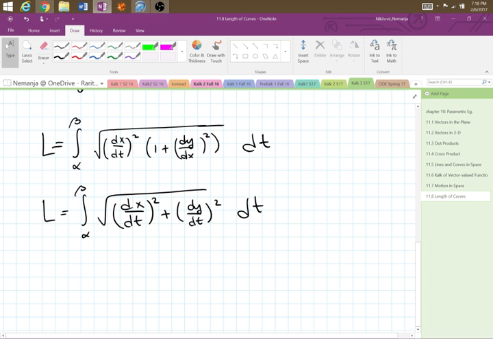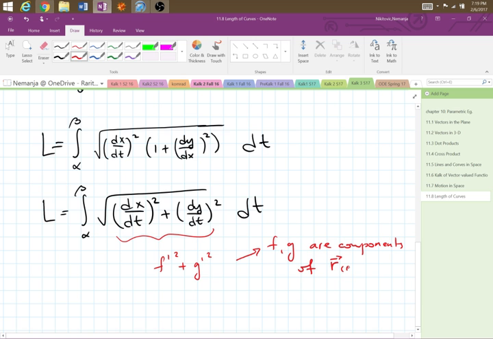Those of you who have studied so far are recognizing here the f prime squared plus g prime squared. I'm just going to put it like this: f and g are components of good old vector r of t.